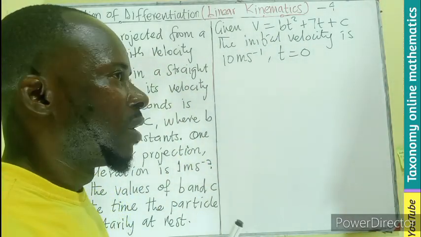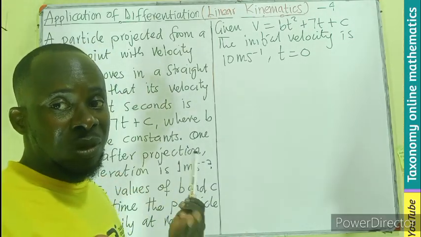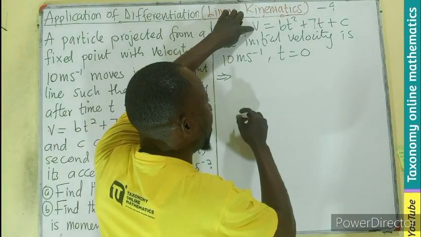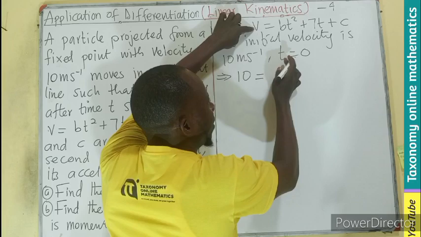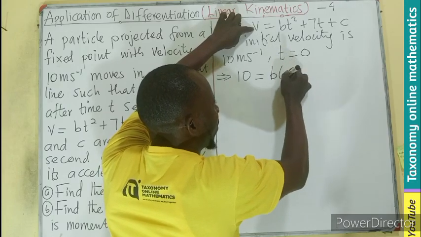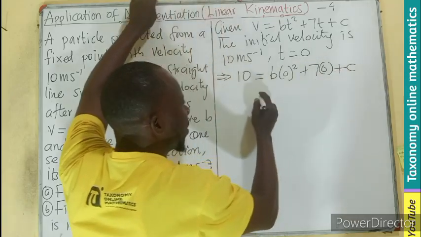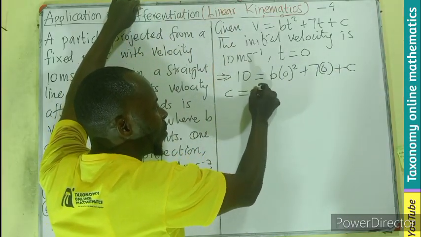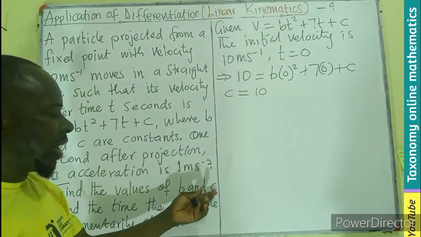At the time where the body is about to start, the time will be 0. So if I do substitution, v is going to be 10, t is going to be 0, so b times 0 plus 7 times 0 plus c. All this is going to be 0, meaning your c becomes 10. That information helps us find the c.